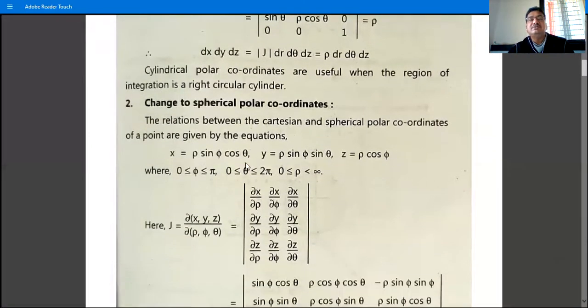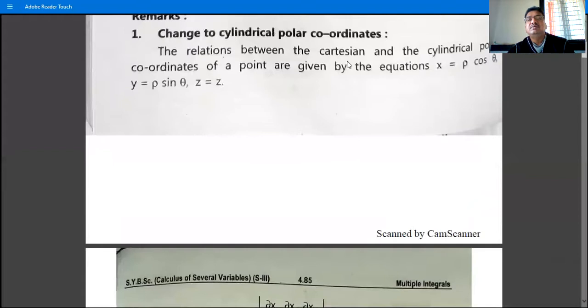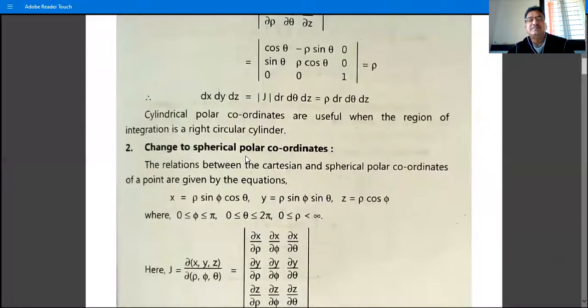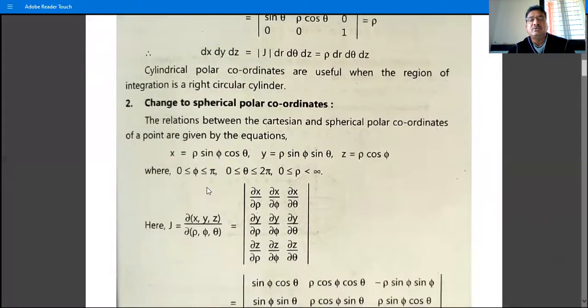Now the change to spherical polar coordinates. These are the cylindrical polar coordinates, and these are the spherical polar coordinates. That is, x is rho sin phi cos theta, y is equal to rho sin phi sin theta, where rho sin phi is common, with cos theta here and sin theta here.